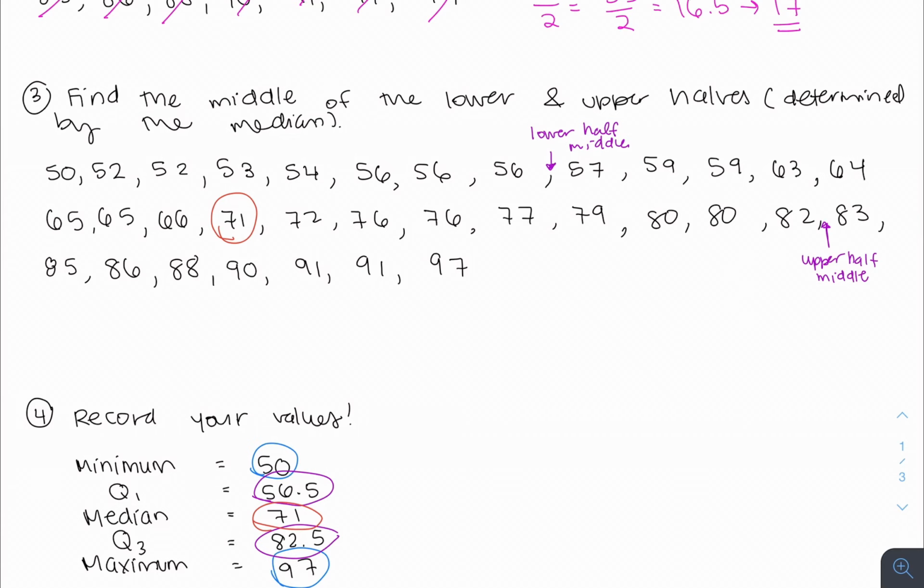The lower middle half, I'll write lower half middle, is half of half. And I bring this up because that just means that it's a quarter. We call that lower middle half a quartile. Quartile 1, abbreviated as Q1.